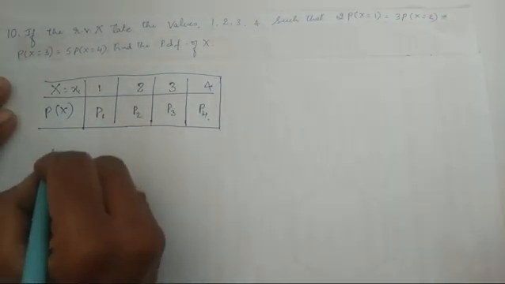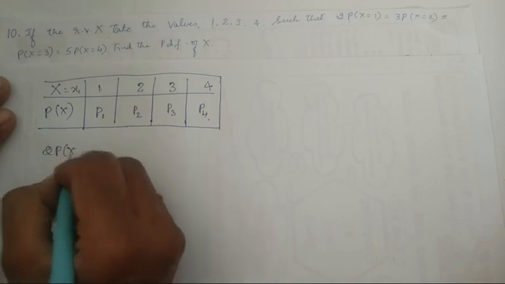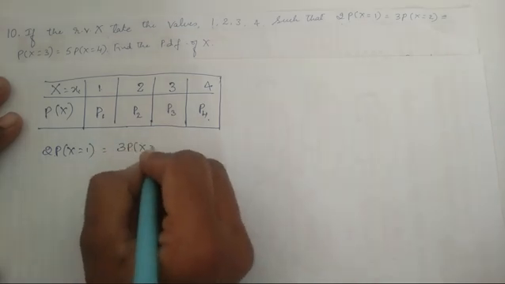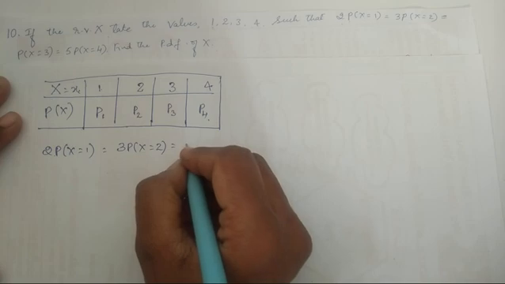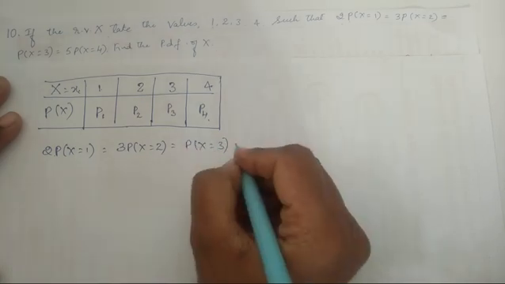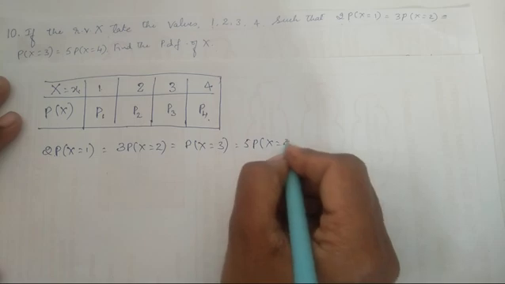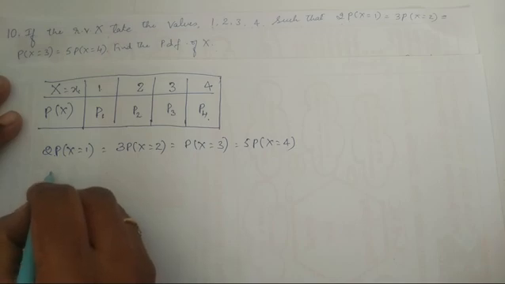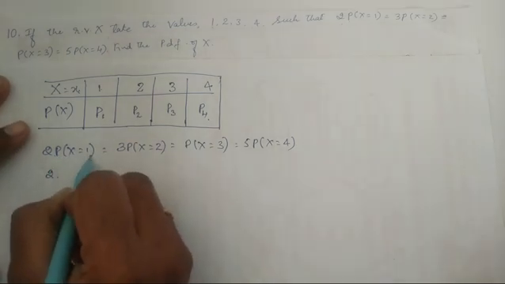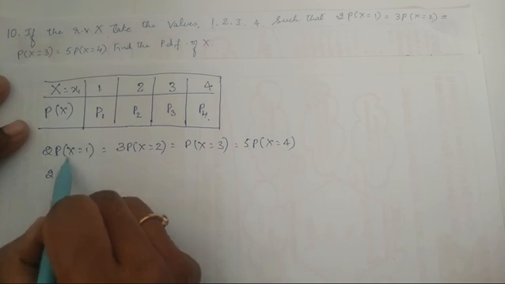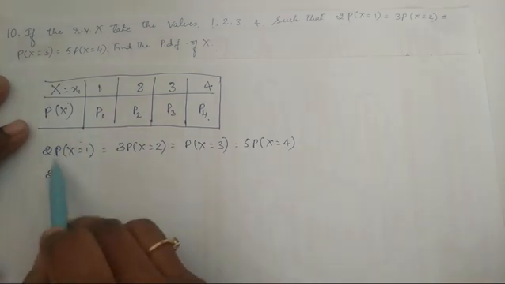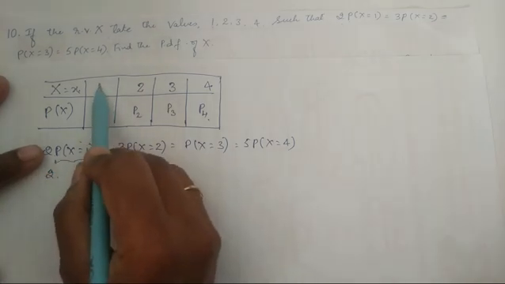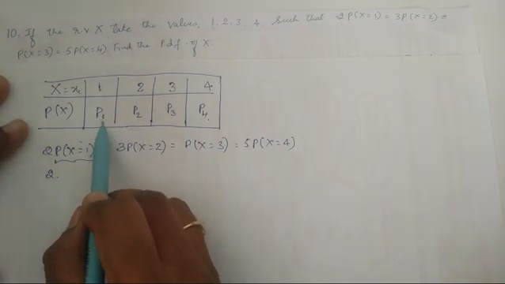The hint whatever they have given, I am rewriting here. 2p of x equal to 1 is equal to 3p of x equal to 2 is equal to p of x equal to 3 is equal to 5p of x equal to 4. So 2 into p of x equal to 1, where the x value is 1, we consider that probability here, which is P1.